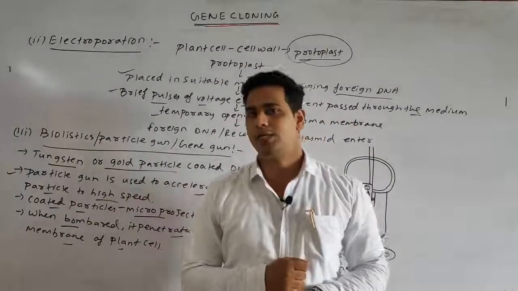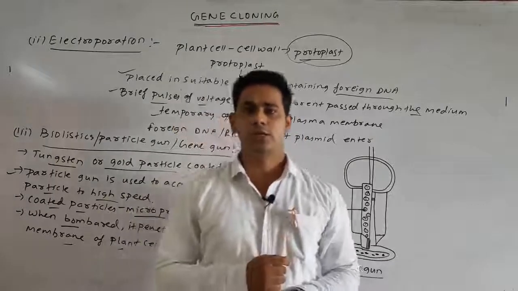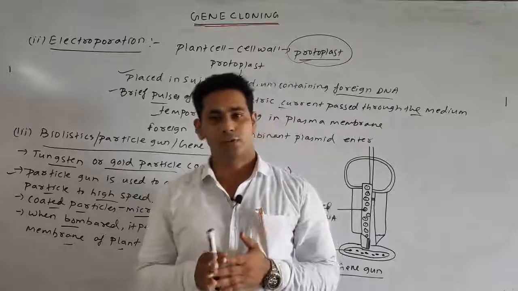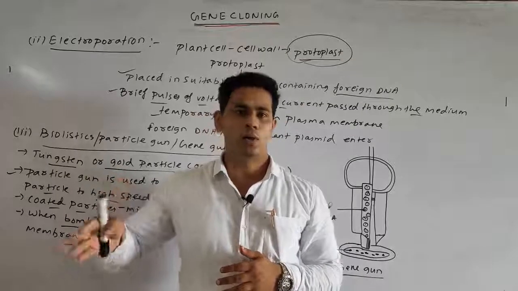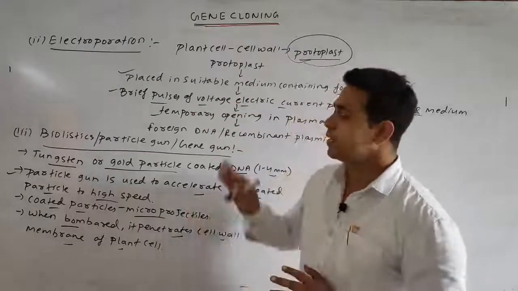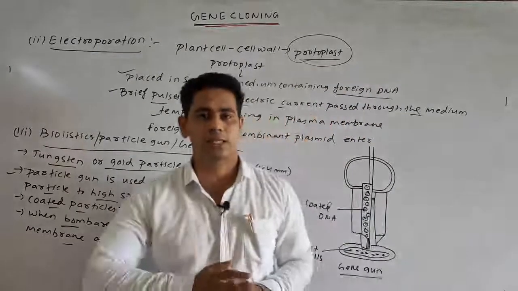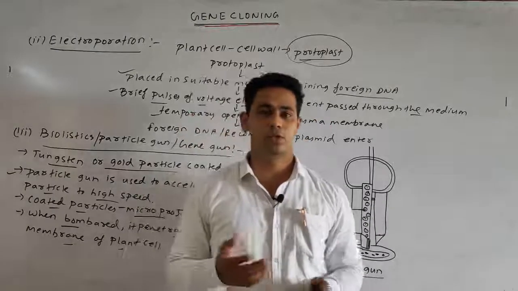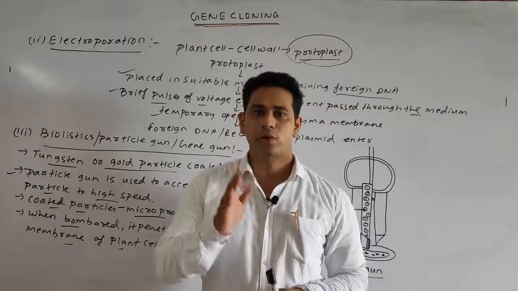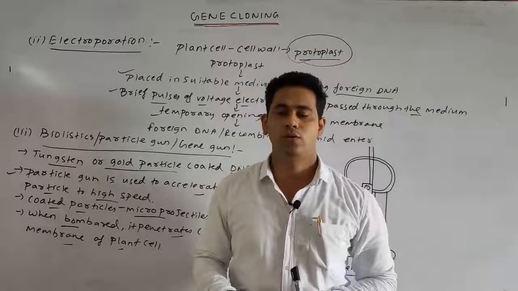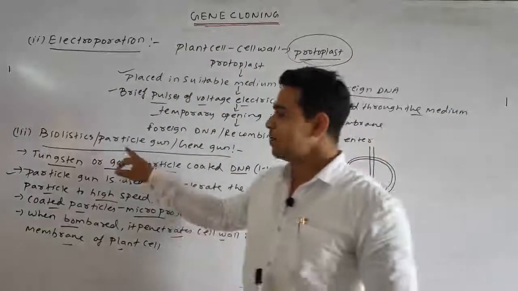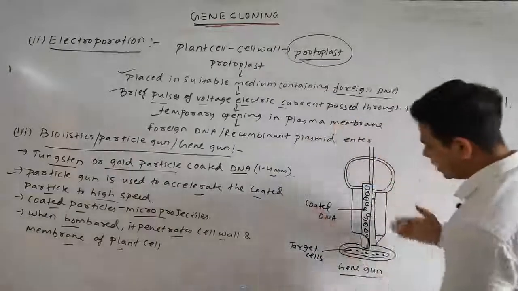In PCR we discussed three steps: first denaturation, then primer annealing, and last extension or polymerization. We studied all the steps in detail. Next, we discussed host cell based gene cloning, in which we first discussed transformation. Then we discussed various alternative methods: the microinjection needle, electroporation in the case of the protoplast, and third, the ballistic or particle gun, or gene gun.